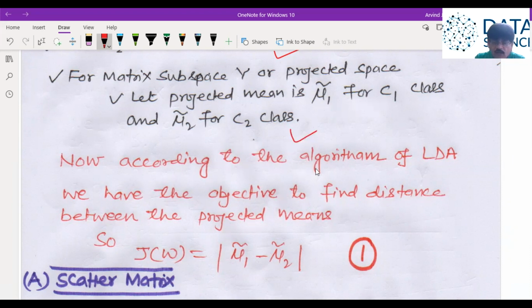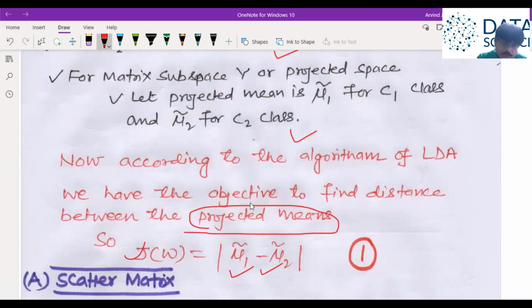According to the algorithm of LDA, our objective is to find the distance between the projected means. So our objective function is J(W) equals the projected mu1 minus the projected mu2.